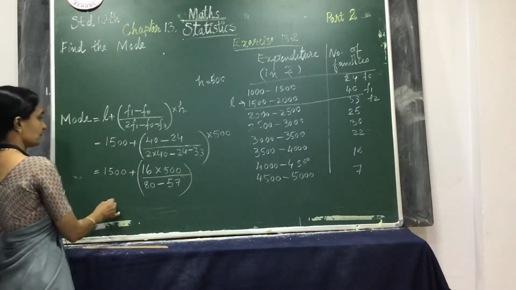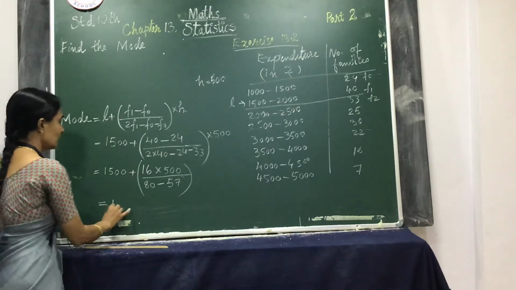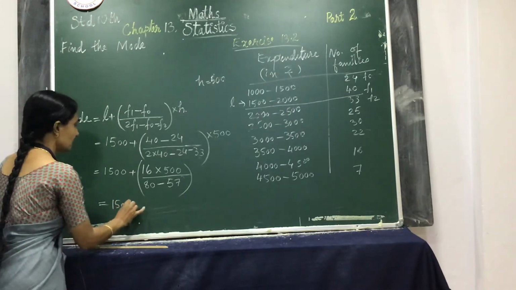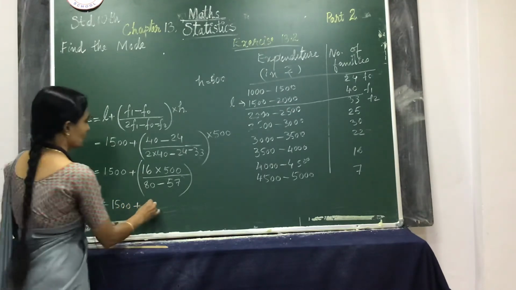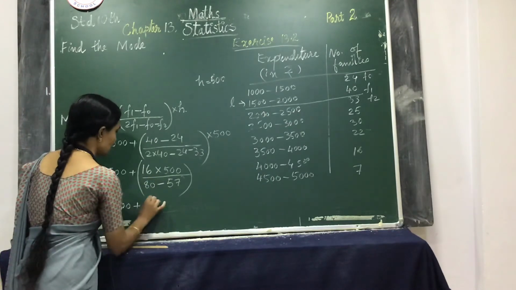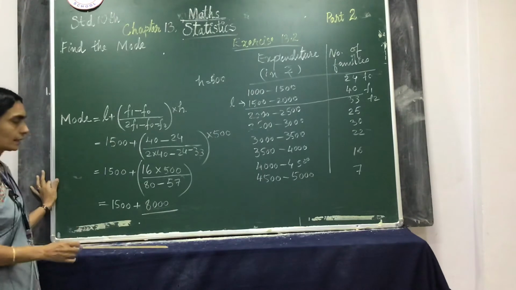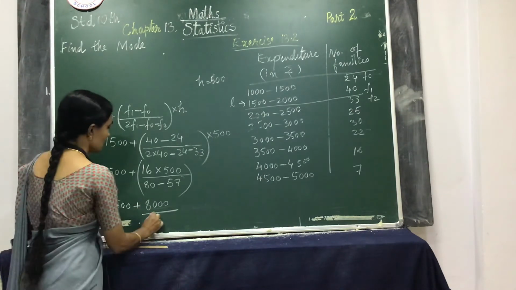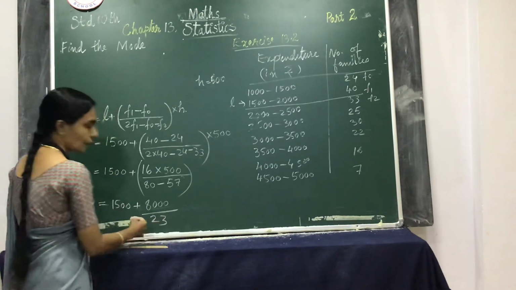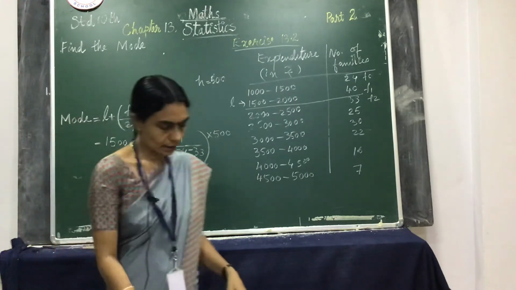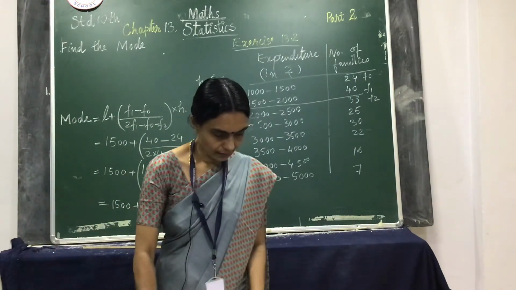So here 1500 plus 16 5s are 80 and 2 zeros, divided by 80 minus 57 is 23. Now 8000 divided by 23 we have here.